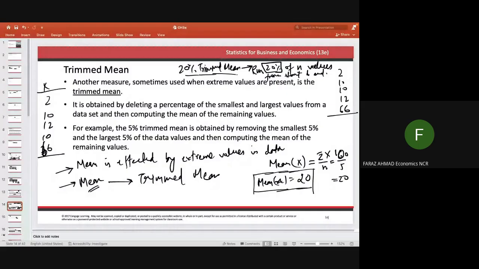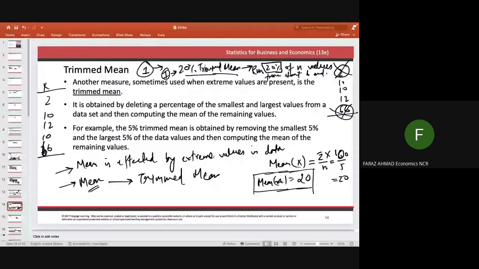So 20% from the start, 20% from the end, that would give me a 20% trimmed mean, right? So 20% of n, 20% of 5 is 1, right? So remove one value from the starting and one from the end. So I'll remove this value and I'll remove this value. And then I'll calculate the mean of 10, 10, and 12.